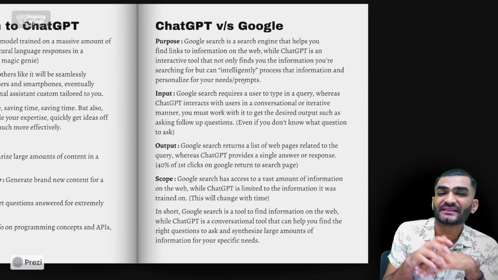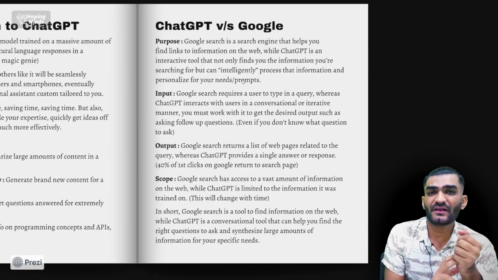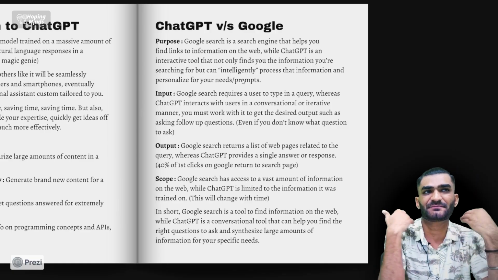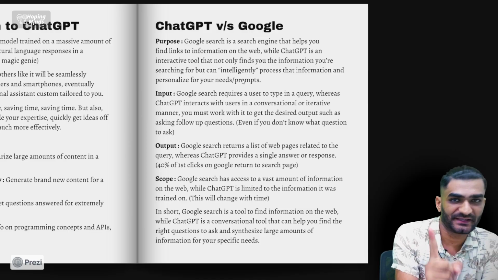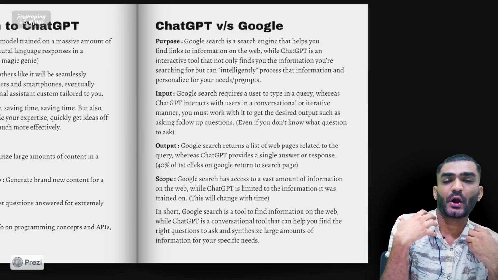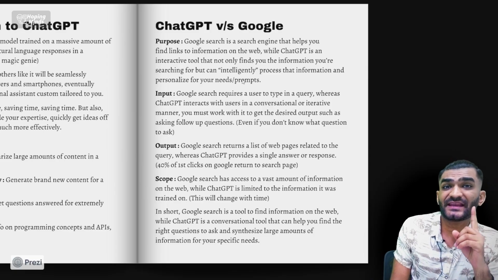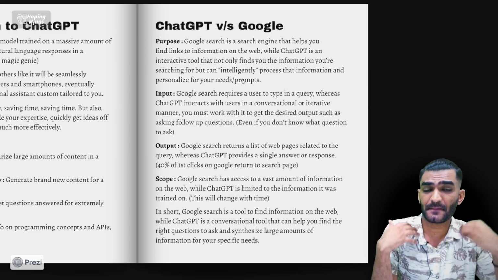Then comes the input method. In Google we just type in a query string and pass it to Google. That's it, right? But when it comes to ChatGPT, we give our problem. We can explain our problem. We cannot explain our problem to Google; it's just a query string which we pass in.